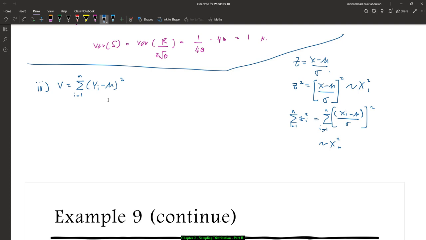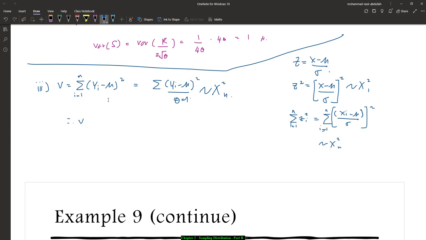So dekat sini, kalau kita convertkan summation of yi minus mu and assume theta is equal to 1. If you assume theta is equal to 1, so this is having a chi-squared with n degrees of freedom, right?